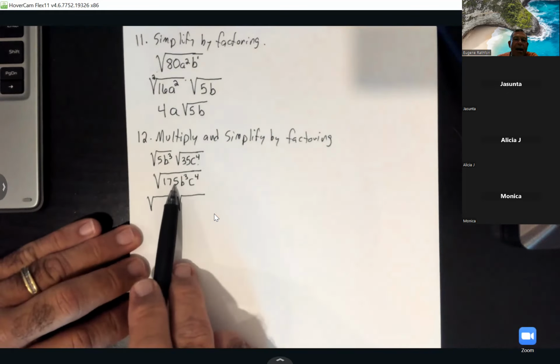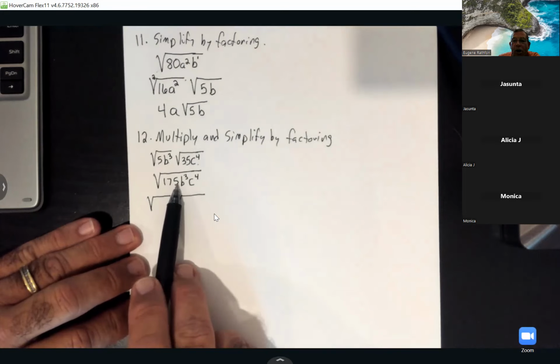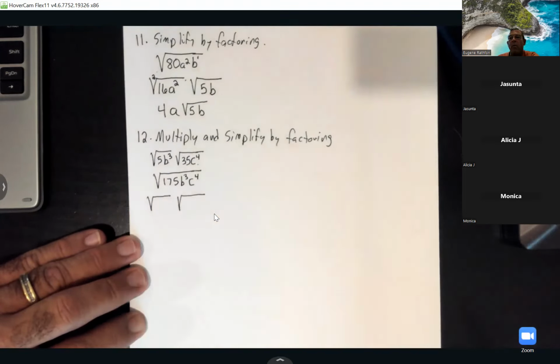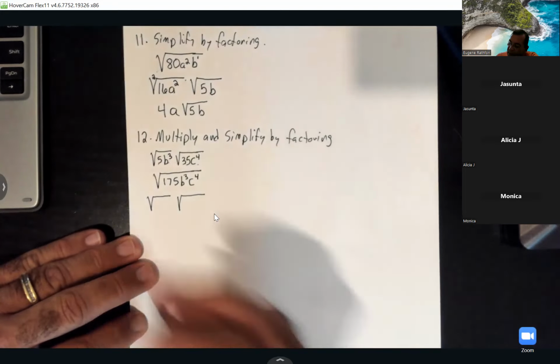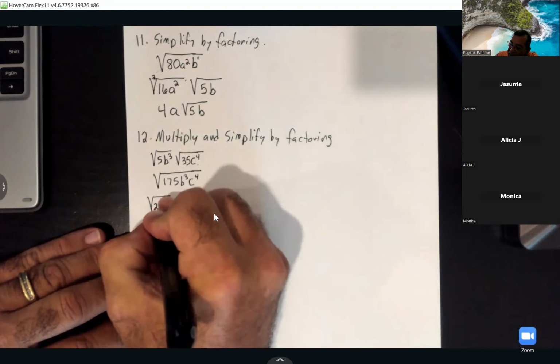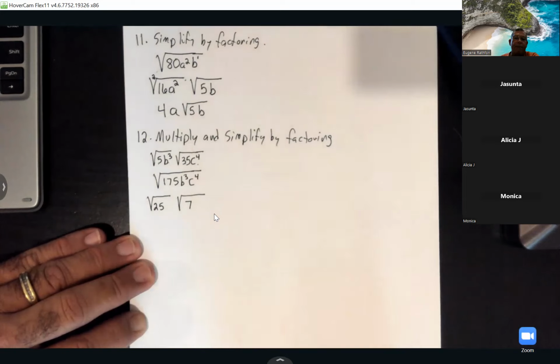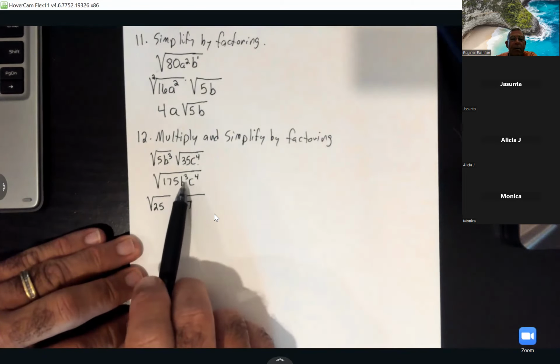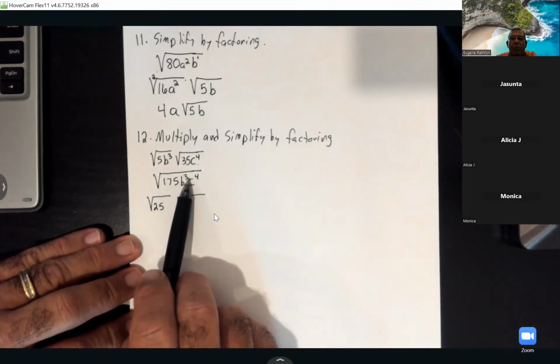So if I look through my perfect squares, the largest perfect square factor of 175 would be 25. And if you divide 175 by 25, you get a 7. So this would be 25 and 7. And y'all watch what I do with these b cubed. Remember, 3 is not an even number.